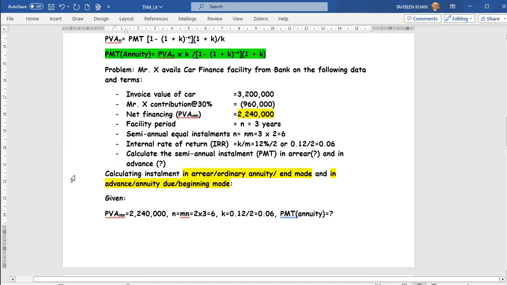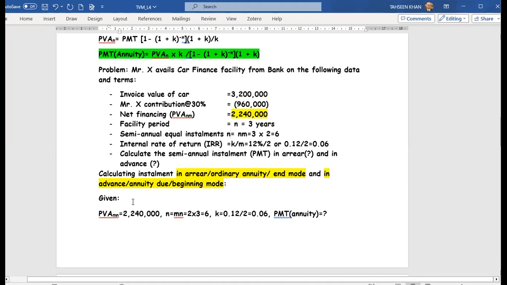Now we are going to calculate the semi-annual installments in arrears and in advance. First, we will calculate the installment in arrears. In arrears, ordinary annuity and end mode are interchangeable words. And secondly, in advance, annuity due or beginning mode, these are interchangeable words.